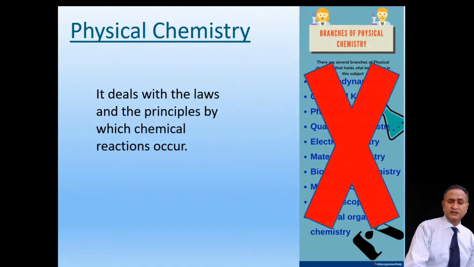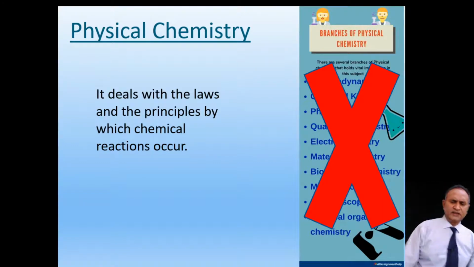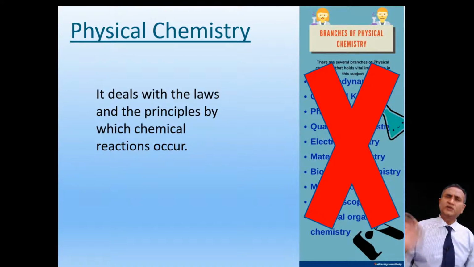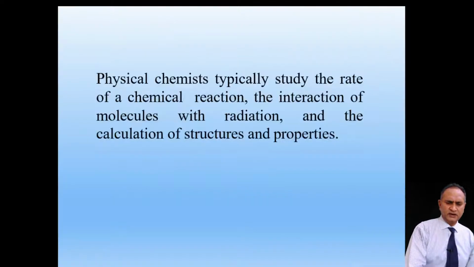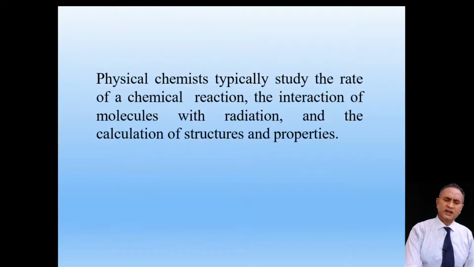These right side items are the various branches of physical chemistry. Each branch of chemistry is further divided into a number of sub-branches, right? So the study of laws and principles by which a chemical reaction occurs is called physical chemistry.